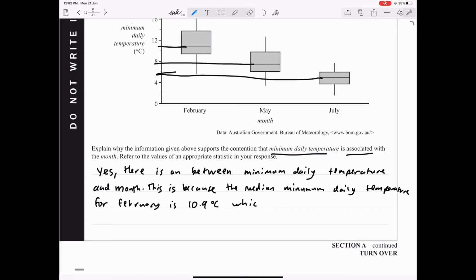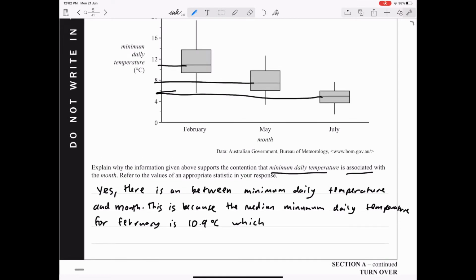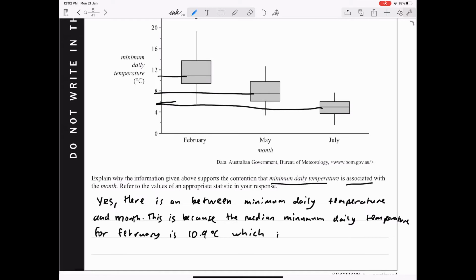which is greater than. So you have to have a statement which is greater than, and you refer to May. So which is greater than the median minimum daily temperature for May.